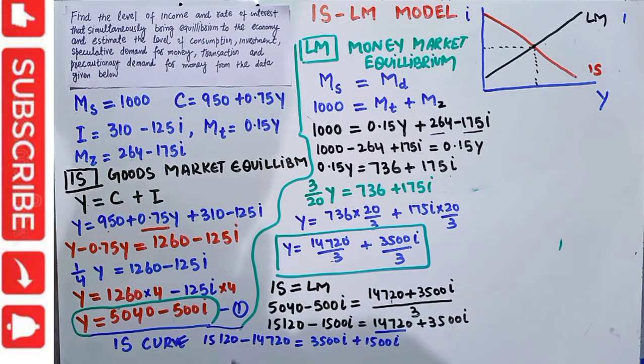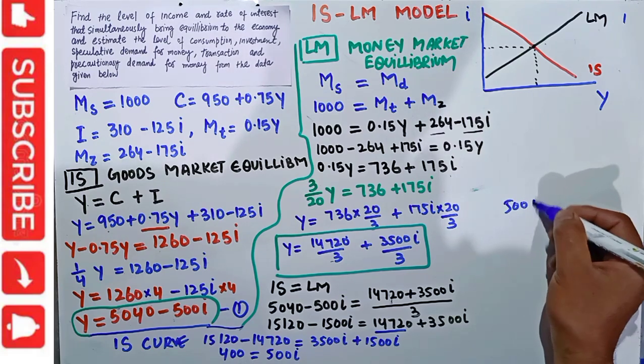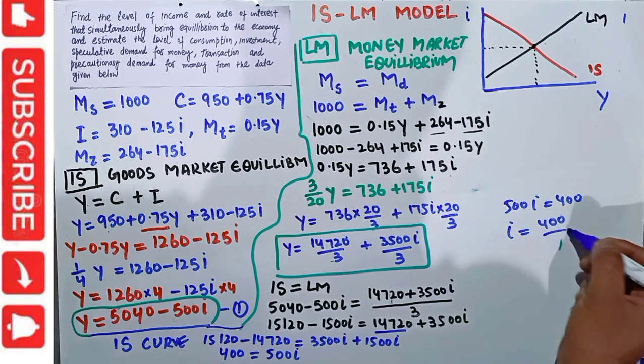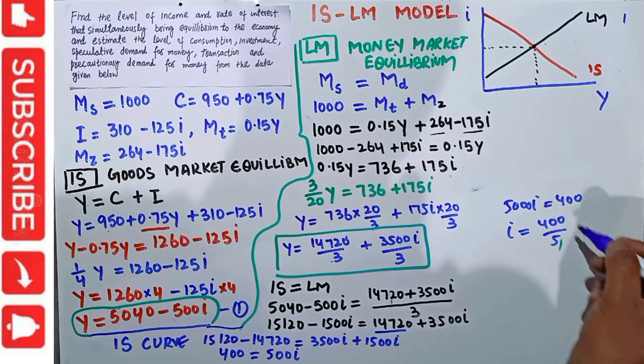So when we subtract 14,720 from 15,120, we will be left with 400 is equal to, when we add these, 5,000 I. Solving for I, we have 5,000 I is equal to 400, that gives us I will be equal to 400 divided by 5,000.